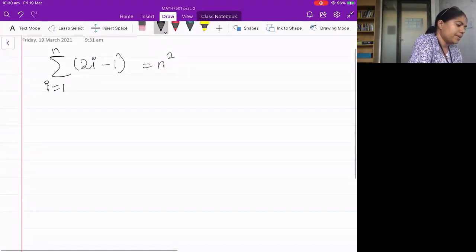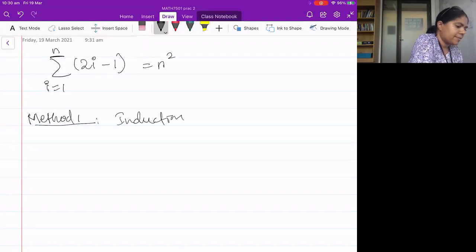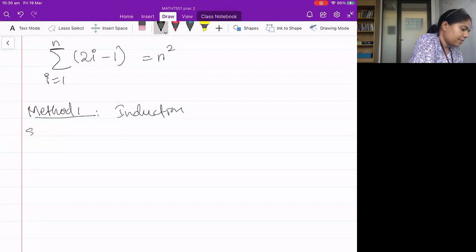Okay, you can use two methods to do this. One method is the usual method, mathematical induction. Induction has 3 steps. Okay, the first step is called the basis step. That is, you show the statement is true for n equals 1.